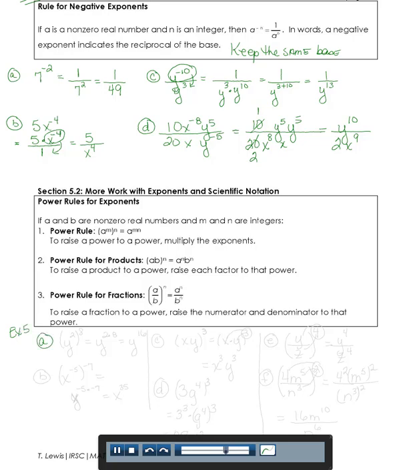Your power rule says you have a base raised to a power, then that is being raised to a power, which is called the power to a power rule. It says to multiply the exponents. So we have y to the 16th power.